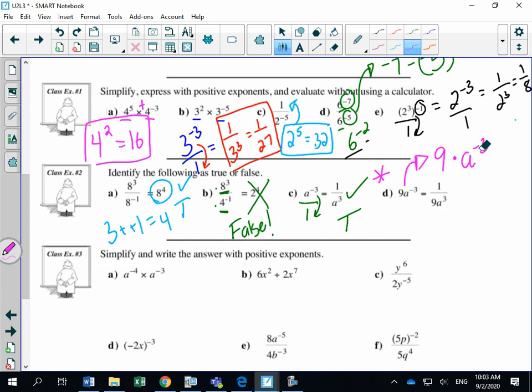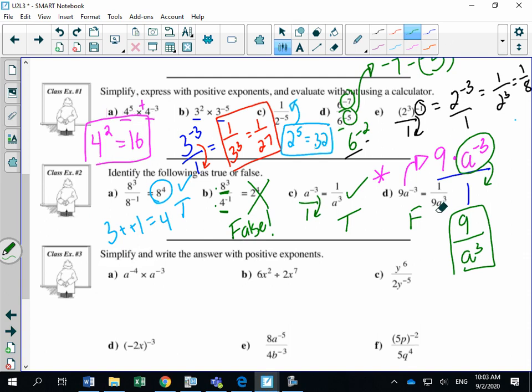I'll show you after we do this one when it would apply to that number in front. But as it's written, this is 9 times a to the negative 3. This is all over 1. This is what moves down, right? So that would be 9 remains in the numerator and a to the 3 goes to the denominator. So this should be my answer. So this guy is false.